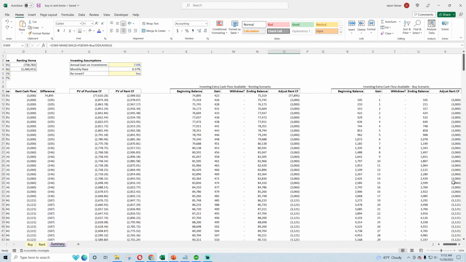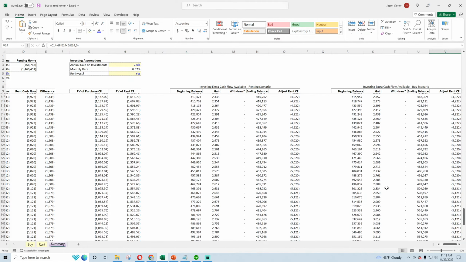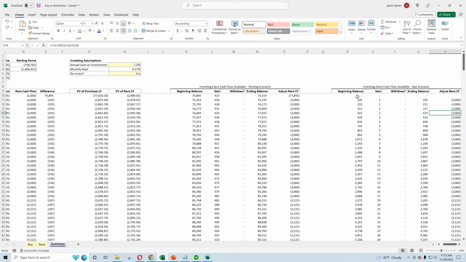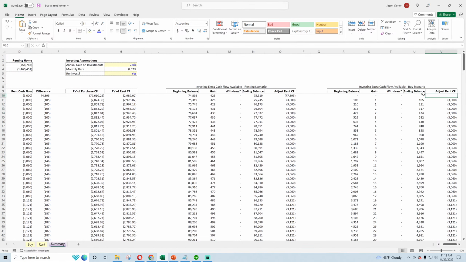This right now works for the adjusted cash flow and the investment, but our first balance is a little weird. So the first period it's never going to be positive for buying a house. That'll always be zero to start, so that's fine. Good.